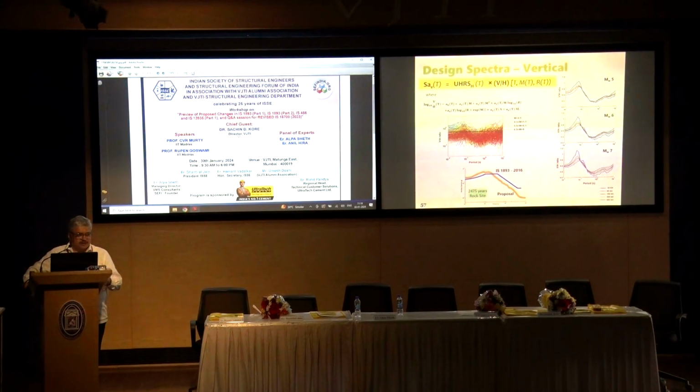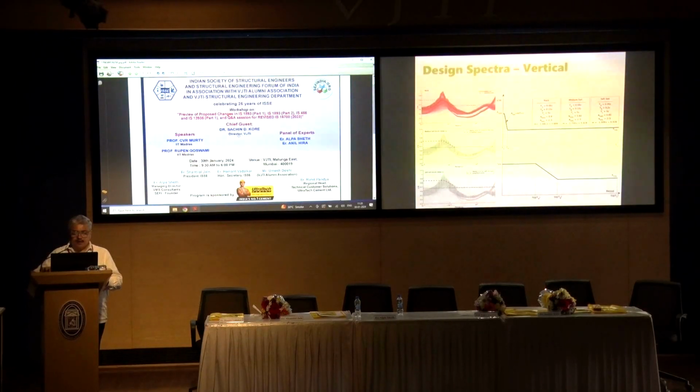Until now, we have been using a fraction of the horizontal ground acceleration in our design. Since a very rigorous analysis was carried out from scratch, it was time to systematically develop vertical ground acceleration spectra also. You will see that this variation is given. It's not a constant fraction, but there is a variation that you will find there also.